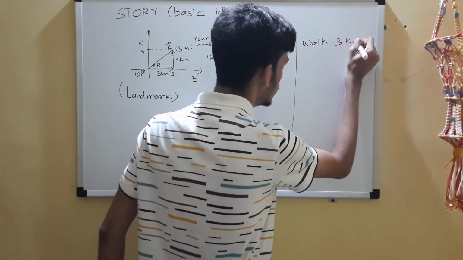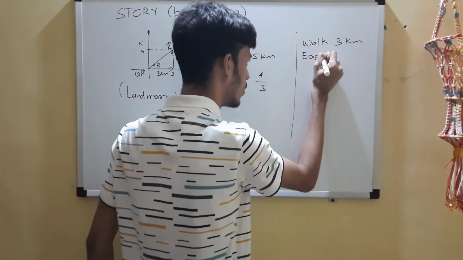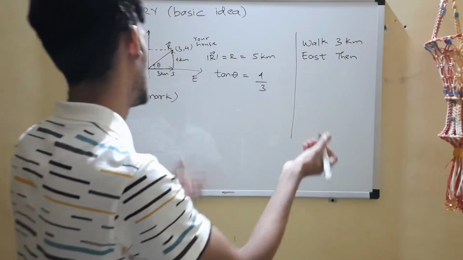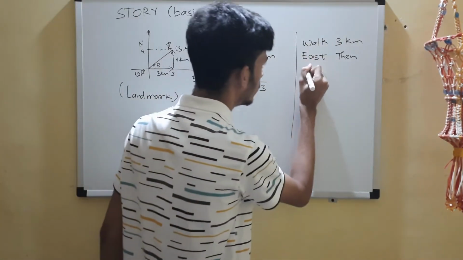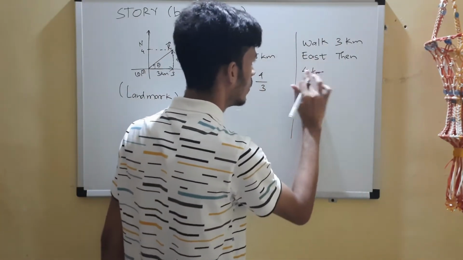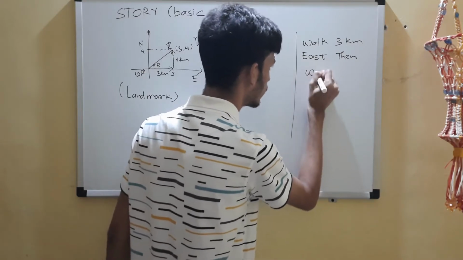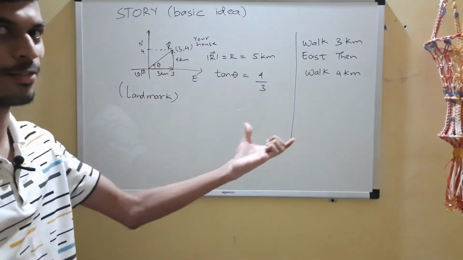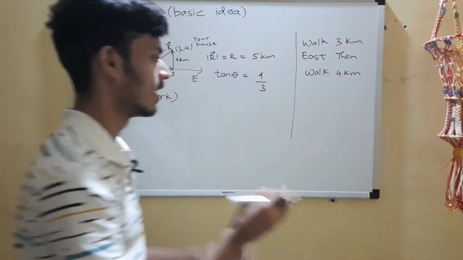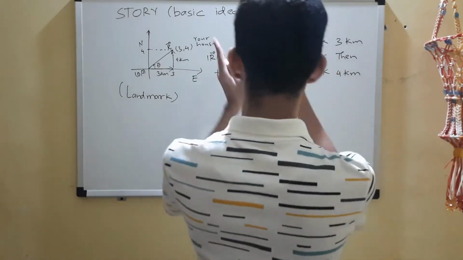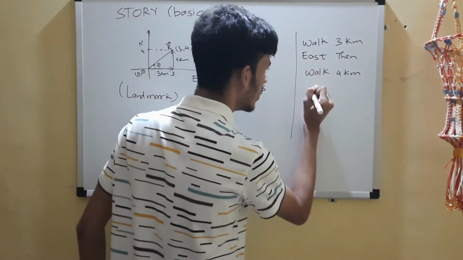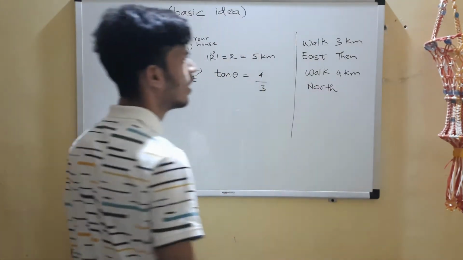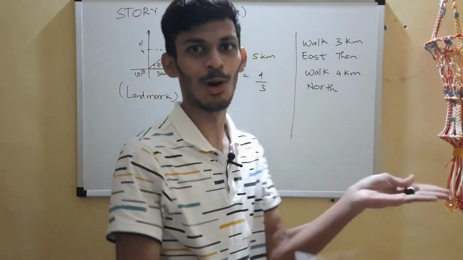He's a layman, he'll understand this language of distances. He'll walk 3 kilometers east and 4 kilometers north. This is east, this is north, and he reaches your house.